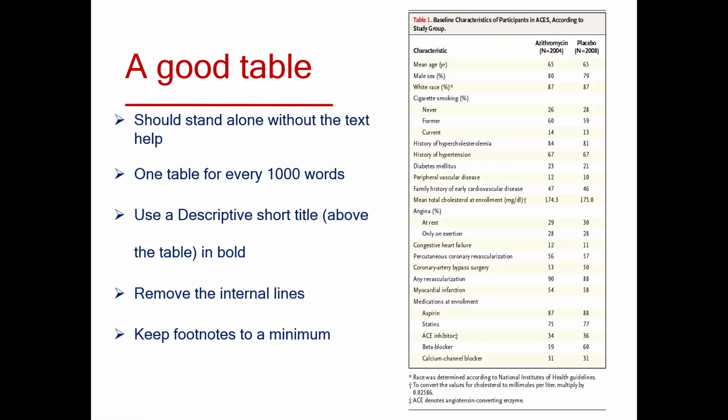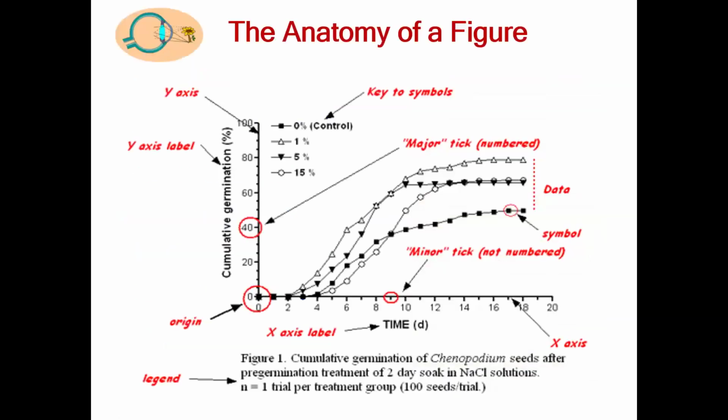It's explaining the age of the participants or the sample, their gender, their race, their history, and many other things. So this is an illustrative table, and it can help you save much of the text that you are going to write.